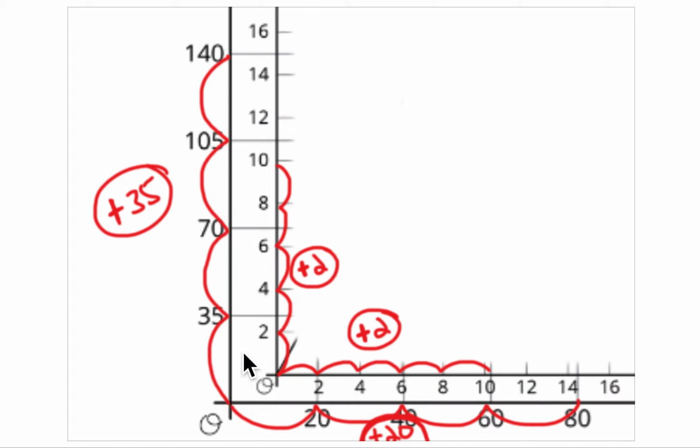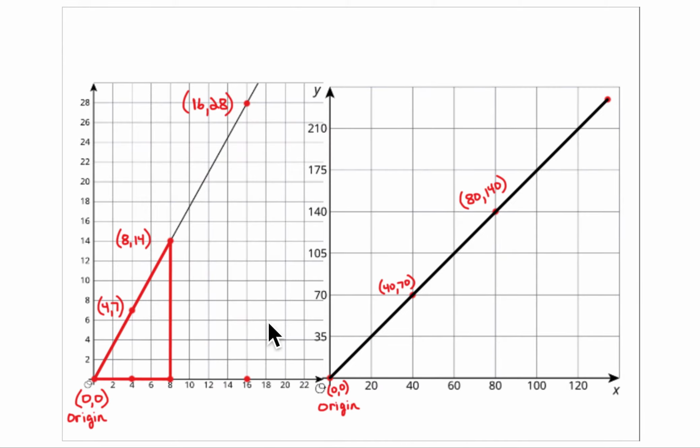And this is something that'll take a while to get used to, but you're going to see this all the time. Different scales. All right, so here the same graph on 2 different scales. So this ratio is 7/4. This ratio is also 7/4. 70 to 40 simplifies to 7/4, 7 to 4.